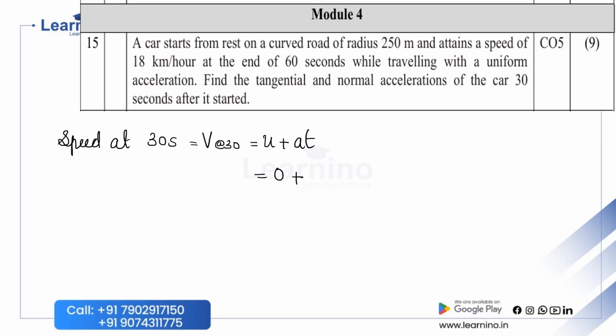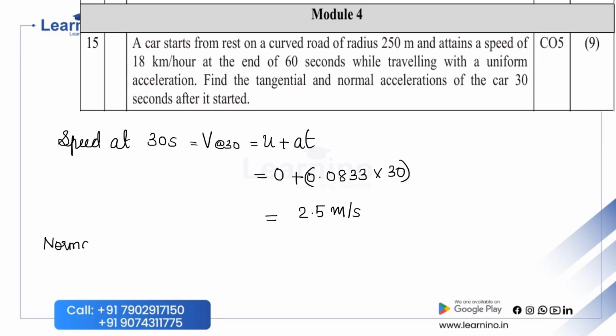Tangential acceleration we are getting as 0.0833, into time. At 30 seconds I am considering, so the time is 30. So if you calculate, you will get 2.5 meter per second as the speed at 30 seconds.